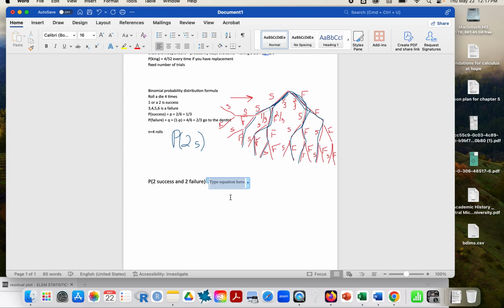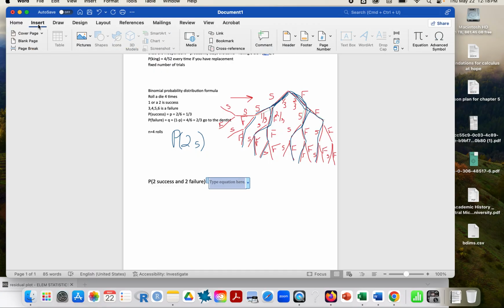equation. There we go. So, come on. Show me equation up top. I need an equation up top in order to make this work. Insert equation. Oh, I see what I did wrong. I went to the, there we go. Now I get to equation. Good. And it should let me, oh, come on.